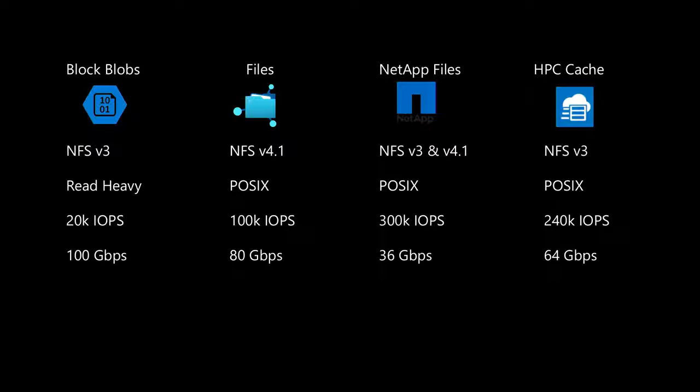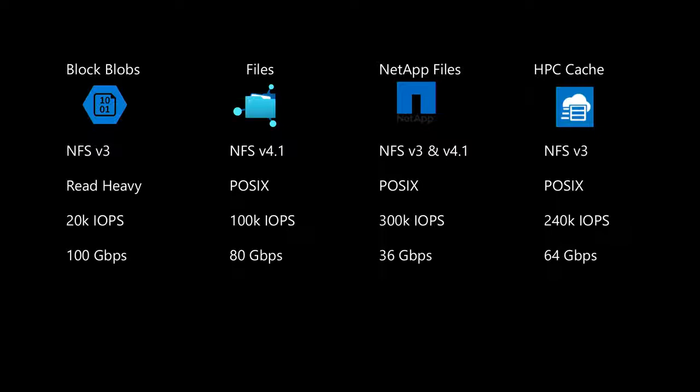And so the way to read this is if you need v3 and you think it's going to be a read-heavy workload and you're worried about the total cost, look at the Blob solution that we're previewing in the next month or two. If you do need NFS 4.1, full POSIX, hierarchy, as well as reasonable performance, Azure Files is probably a pretty good solution.